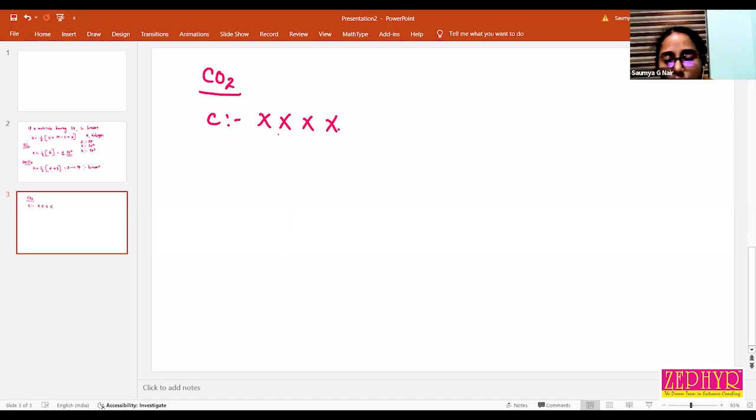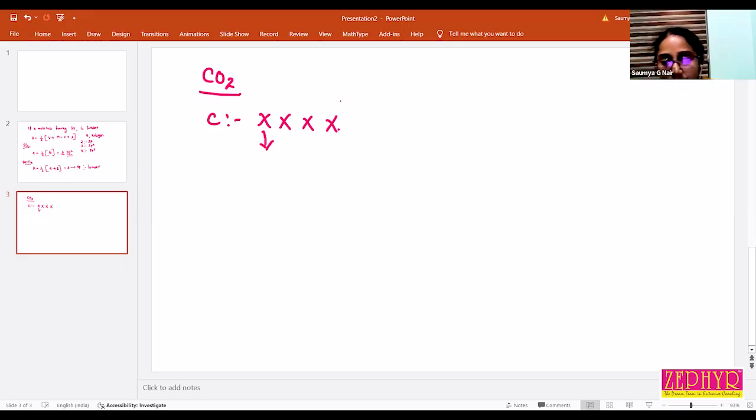Listen. Oxygen forms a double bond with carbon. Double bond means 1 sigma, 1 pi, right? So oxygen forms a double bond with the carbon.